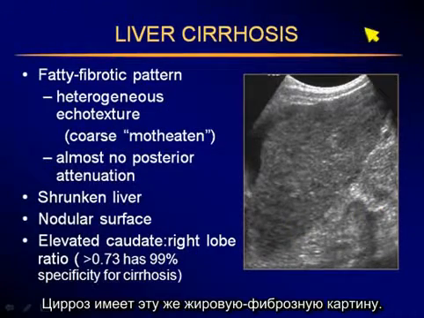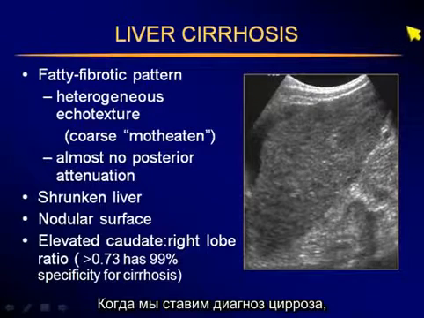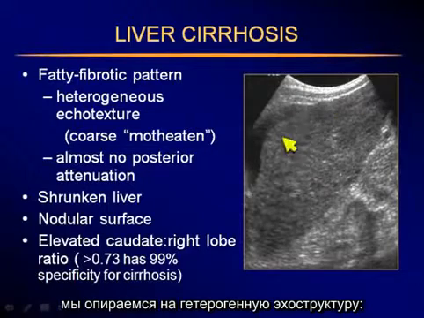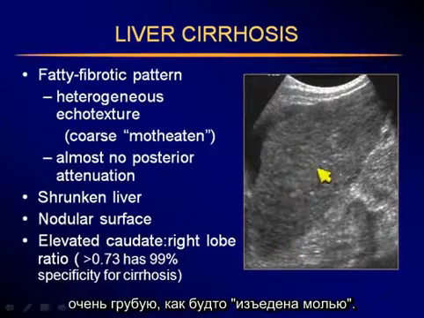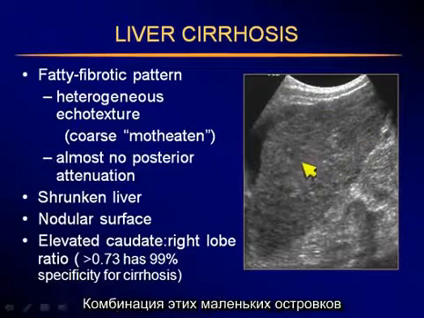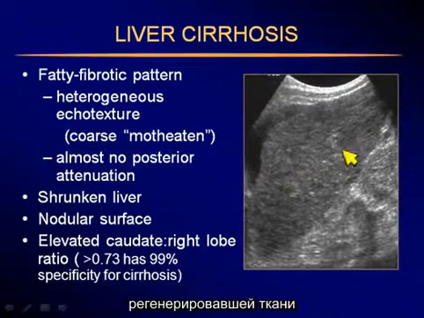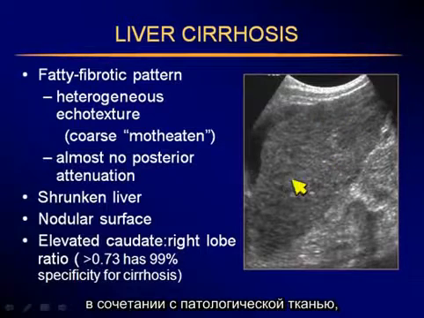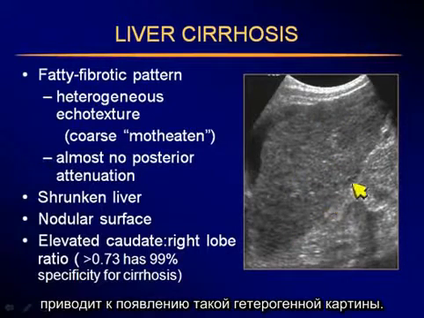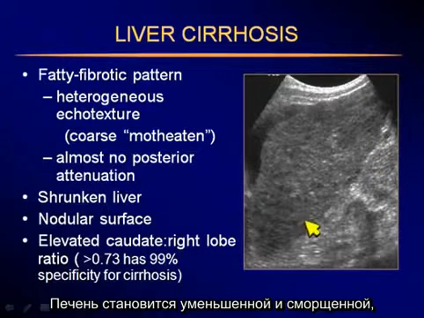Cirrhosis has this fatty fibrotic pattern. Now, when we make a diagnosis of cirrhosis, we look for heterogeneous echo texture, so coarse sometimes that it looks moth-eaten, and it's from these little islands of regenerated tissue mixed with diseased tissue that causes this heterogeneous pattern. The livers tend to be small and shrunken.